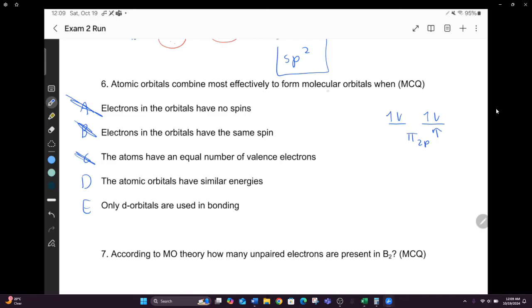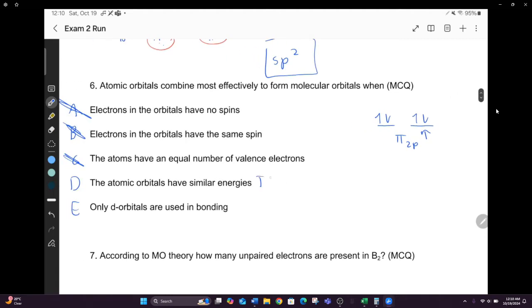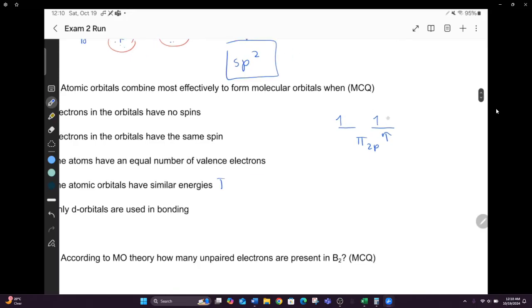Atomic orbitals combine most effectively to form molecular orbitals when atomic orbitals have similar energies. This is actually true, because your two pi 2p orbitals are of similar energies.